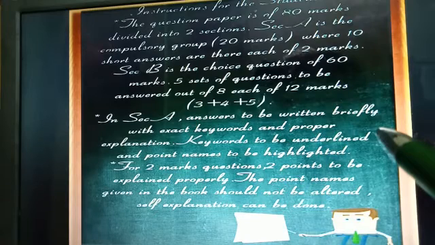Next, for a 2 marks question, 2 points are to be explained properly. The point names given in the book should not be altered, and self-explanation can be done. So please keep this in mind.